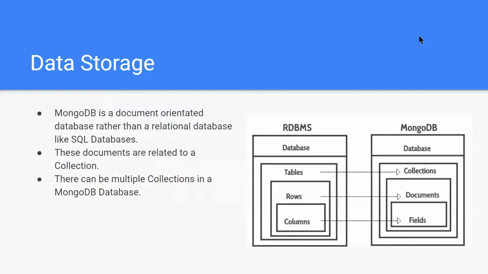Thank you, Shweta. So, MongoDB is a document-oriented database. Data for each individual row is stored as documents in JSON format. These documents are equivalent to rows in relational databases. Multiple documents are grouped into collections, just like we have multiple rows in tables.